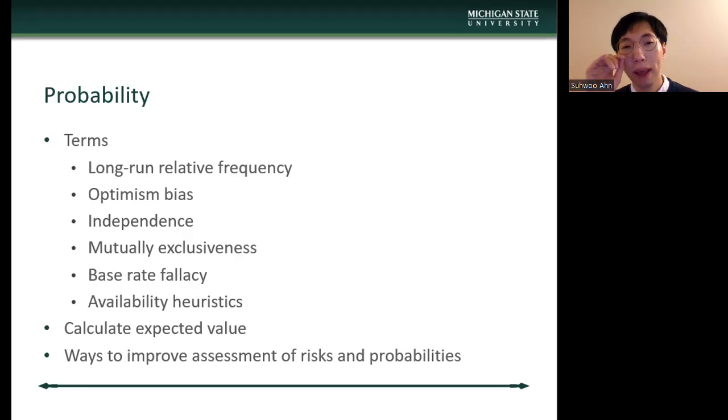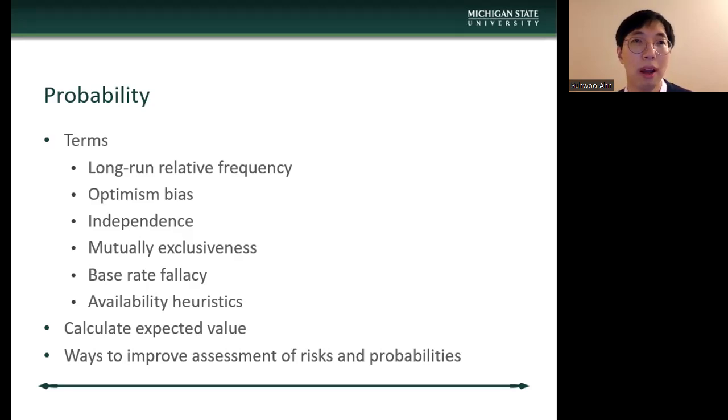And independence means that one event occurring does not change the probability of the other event, which means that one event cannot determine the probability of another event. That's independence. So what is mutual exclusiveness? Mutual exclusiveness means that 2 events cannot occur at the same time. So they are exclusive with each other.